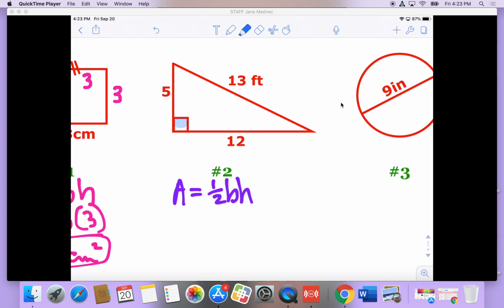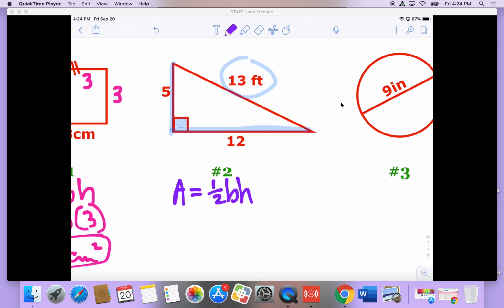Well, I know that this would be considered the base, because it's sitting on the base, and this would be considered the height because they hug that right angle. Notice that 13 is kind of hanging out there. That's called the hypotenuse, and that we don't use. So a lot of times they give you information that you don't need.